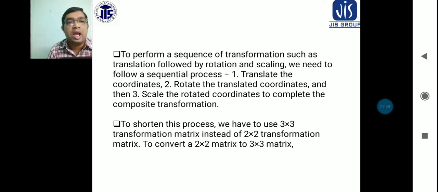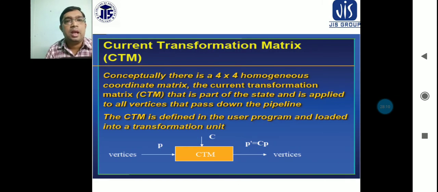In this process we use a 3 by 3 transformation matrix instead of a 2 by 2 transformation matrix. Converting a 2 by 2 matrix to a 3 by 3 matrix makes transformations, including composite transformations, very easy. The current transformation matrix, the CTM, is given here.